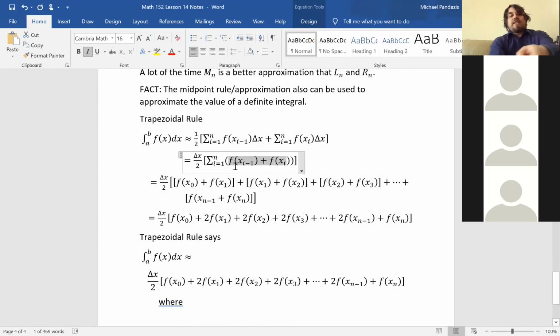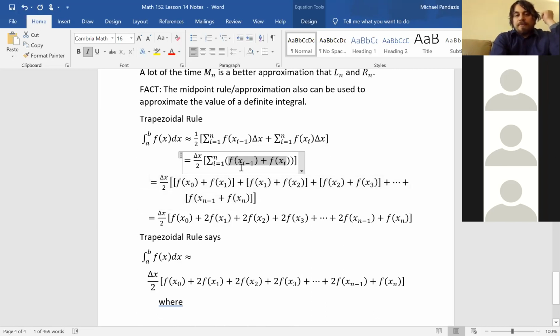So read this, tell me what that is when i is 1. F of x naught plus f of x 1. So you see that's the first term here? Okay, now plug in i equals 2, what do you get?